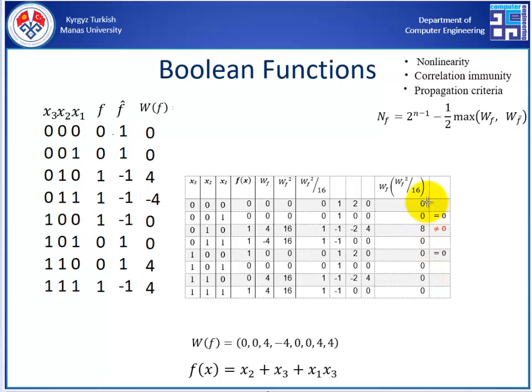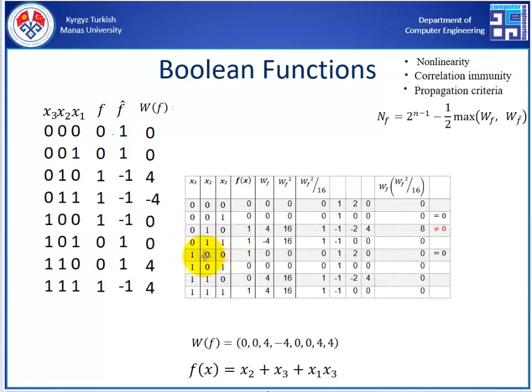We have an all-0 vector except the third element. Using the same logic as we used in the calculation of correlation immunity order, we can look at weight 1 inputs. Here this is the first weight 1 input, this is the second weight 1 input, and this is the third weight 1 input.